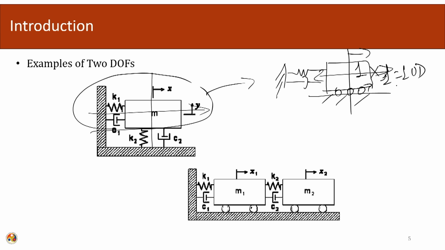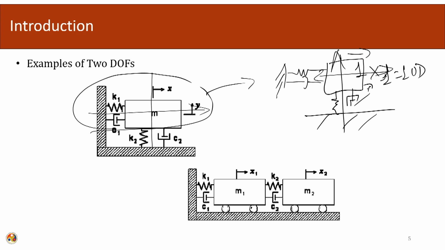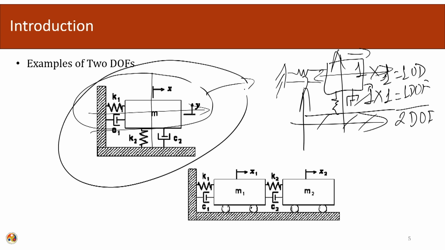After that, we add one more spring and one more damper in the vertical direction, and allow the vertical motion also. So, one mass, one more direction, so 1 more degree of freedom. In total we need 2 degrees of freedom, one in the horizontal direction and one in the vertical direction, as shown here. So, this becomes an example of a 2 degree of freedom system.